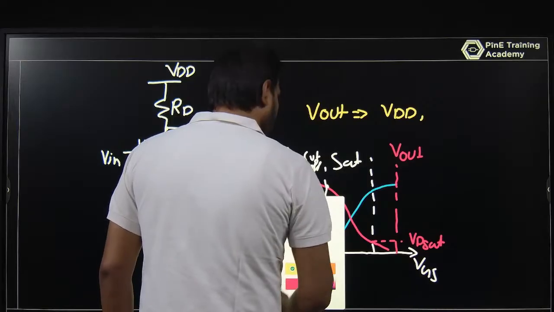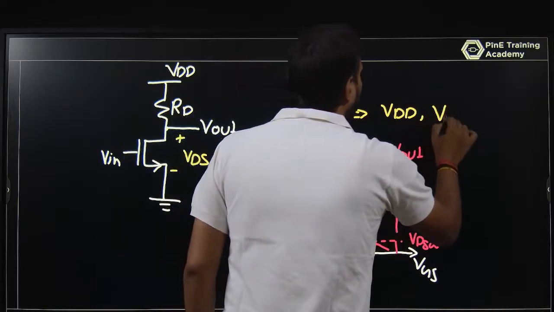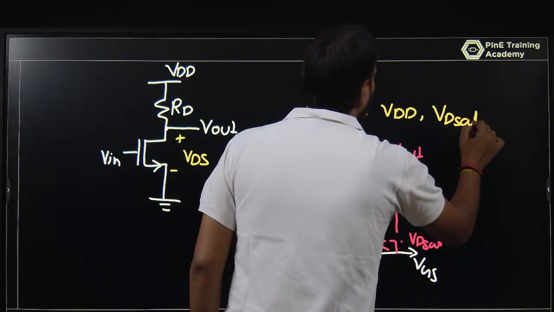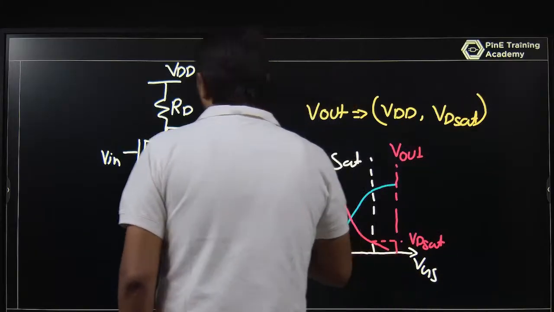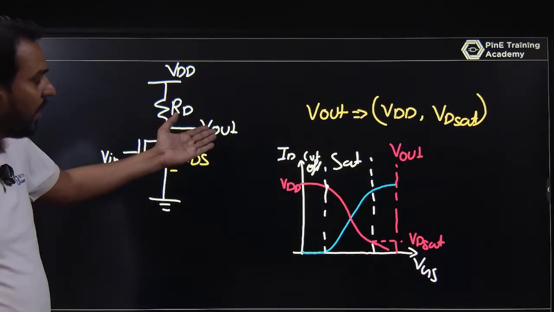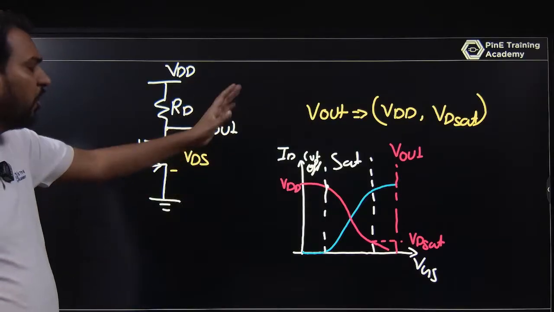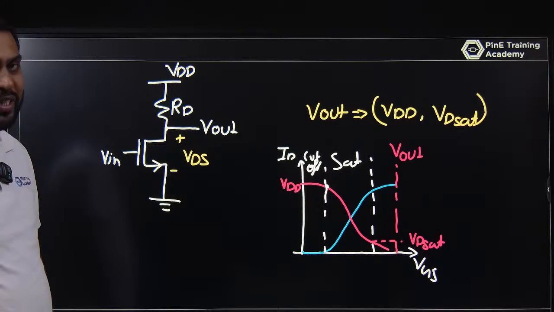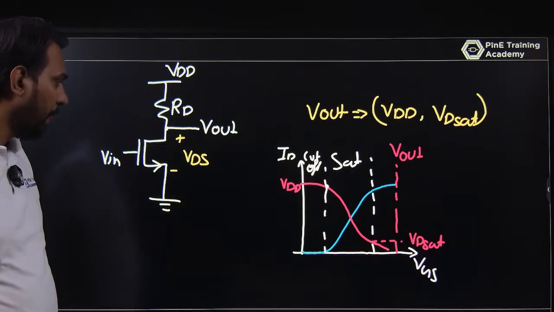The headroom of the MOSFET for this type of circuit, that is resistive load, can vary from near about VDD to VD side, that is VGS minus VTH. Okay.